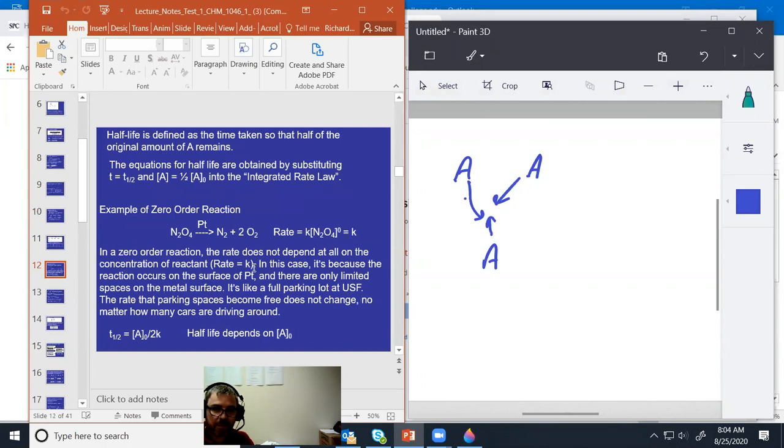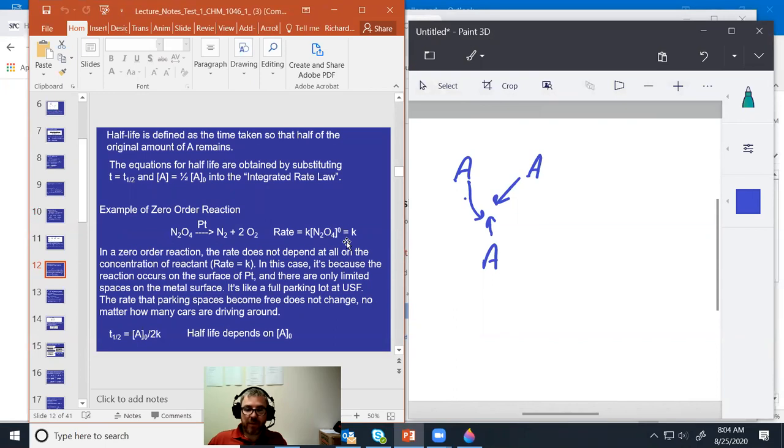Here we go. So an example of a 0 order reaction. If we're talking about 0 order, then the rate is equal to k[N2O4] to the power of 0. Anything to the power of 0 is 1. So the rate is simply k. And this is what's mind-blowing here. The rate does not depend at all on the concentration of the reactant. I'll say it again.